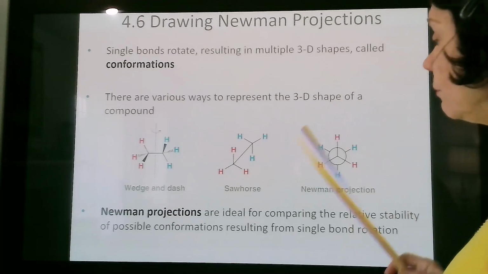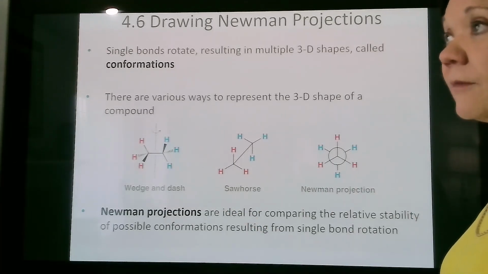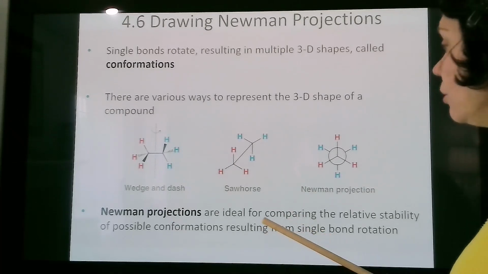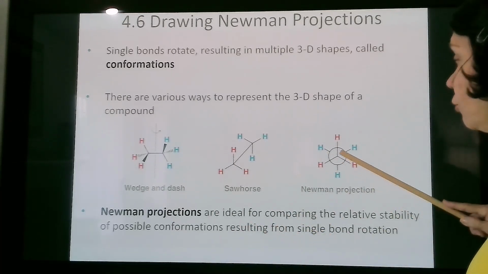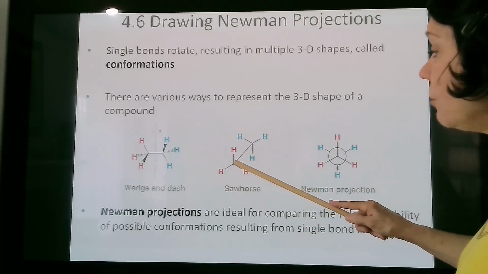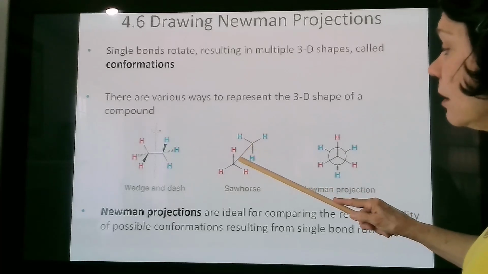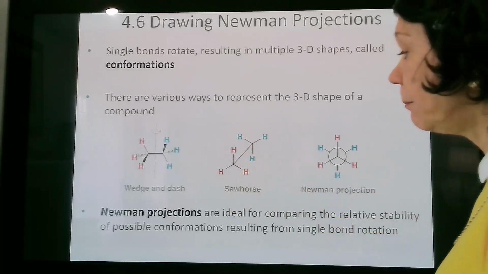That is, as I showed you in the first video that I made for you, where I was showing you the molecular models. What you do is you position the model in front of you so that you are looking down the carbon-carbon bond. And here you only have one carbon-carbon bond to look down.